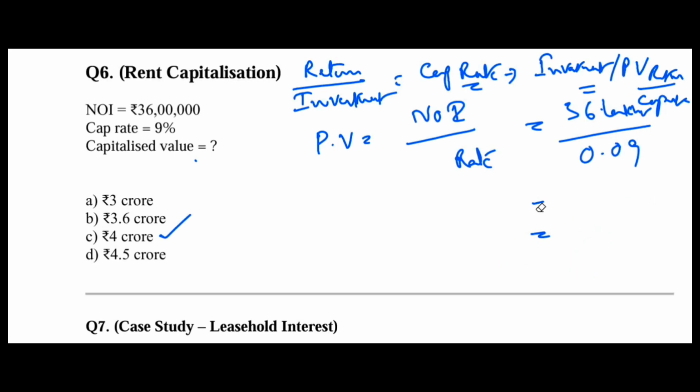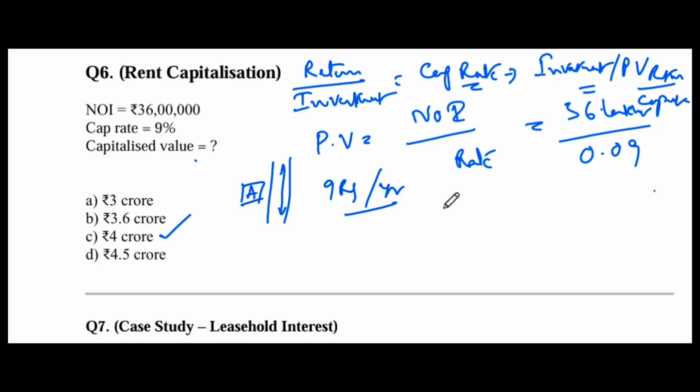It is not just the numericals here. I am trying to explain the concept: what is capitalization, what is an investment and all. To explain it more easily, there is a property A in a commercial zone, generating an income of 9 rupees every year.